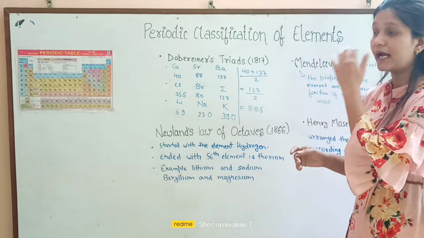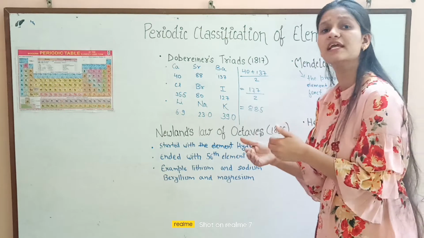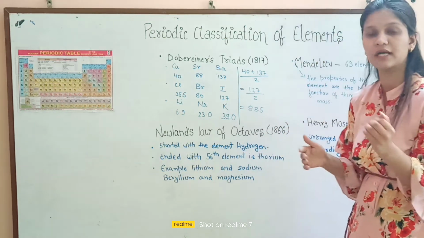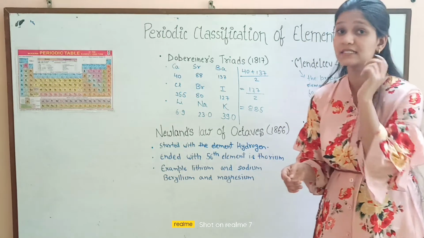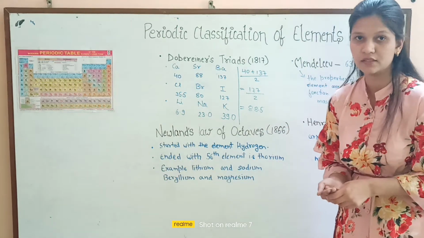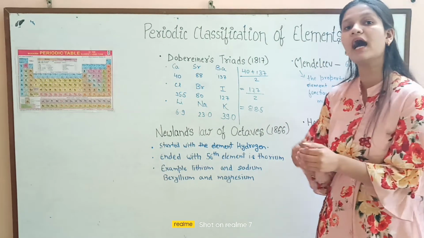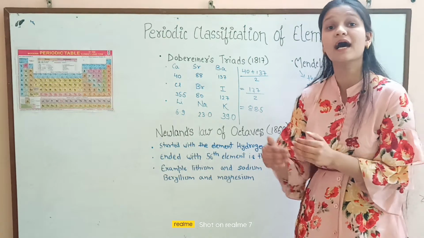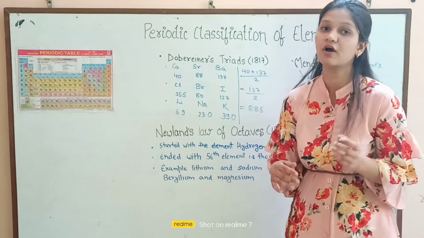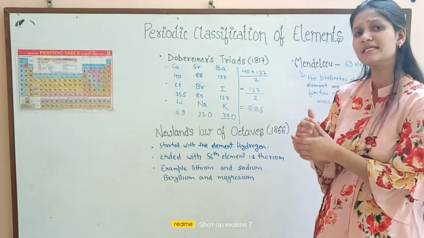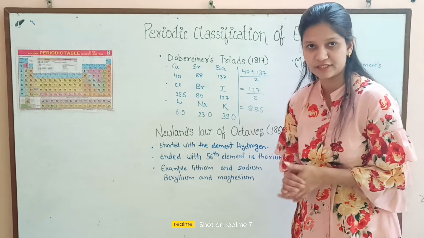But he also gave the relationship between physical and chemical properties. He took 2 elements, hydrogen and oxygen. The compounds made with hydrogen are termed hydrides and the compounds made with oxygen are termed oxides. This is the basic property of his classification.